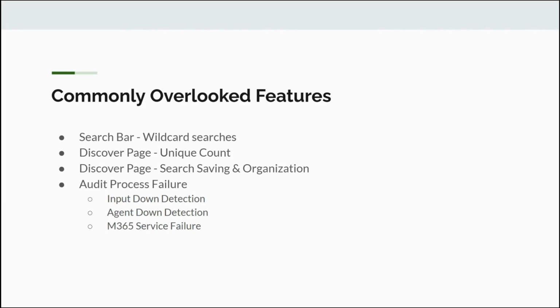I've been talking a lot about the agent down detection just because that's the one that we recently added. But I also wanted to remind everyone again of the other two. So I'll talk about all three: input down detection, agent, and then, of course, for other services like 365, we have a service failure alert that can be turned on.